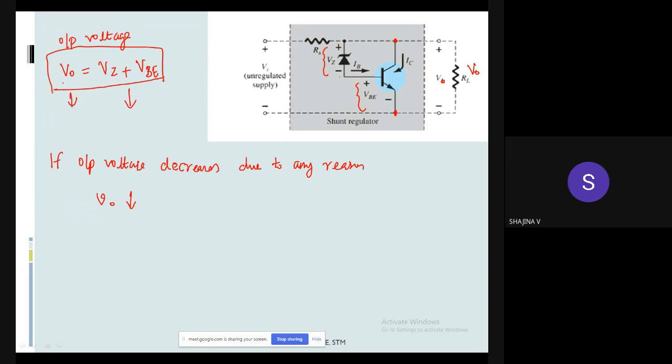So output voltage reduces means which value will reduce? VBE reduces, since Vset is constant.